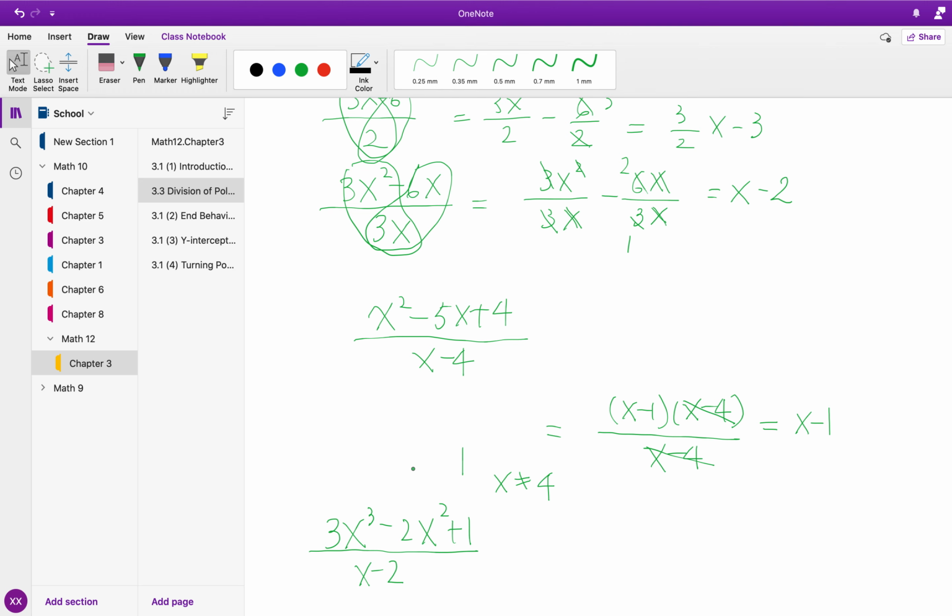So what do I do? We're going to use long division, the same as you did with numbers before in elementary school, to do this one. Long division means, like, how about 20 divided by 7? Exactly the same thing applies onto this.